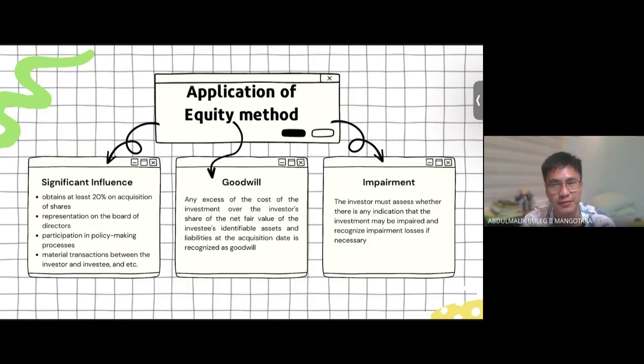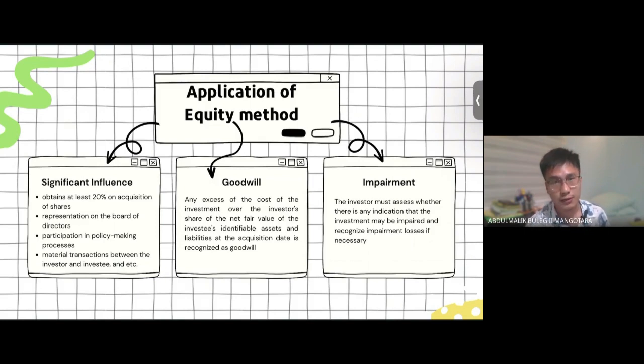Speaking of impairment, under the equity method, the investor must assess whether there is any indication that the investment may be impaired. The investor periodically reviews the carrying amount of the investment for indications of impairment, such as significant financial difficulties of the investee, loss of significant influence, or adverse changes in the market environment.